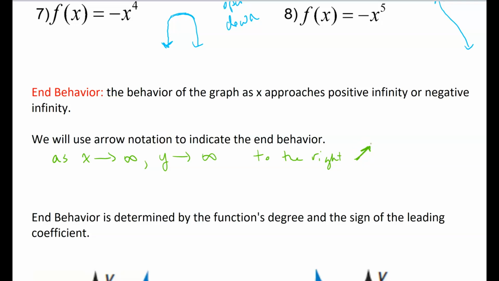Do you have a preference on which one to start with, like y or x? You have to do the x first, because we're looking to see what happens to y as x gets larger.